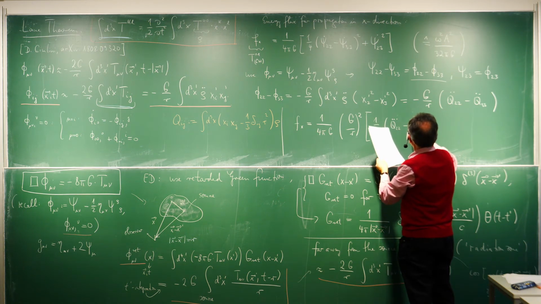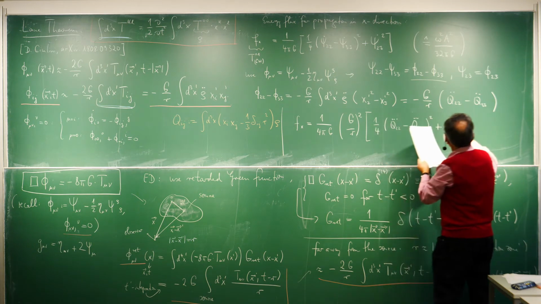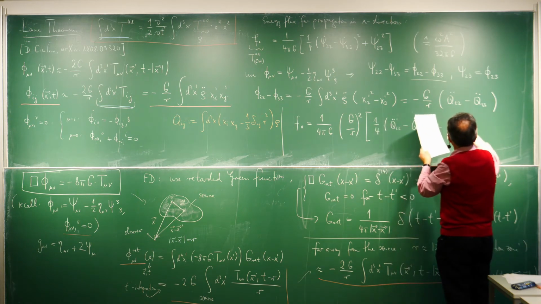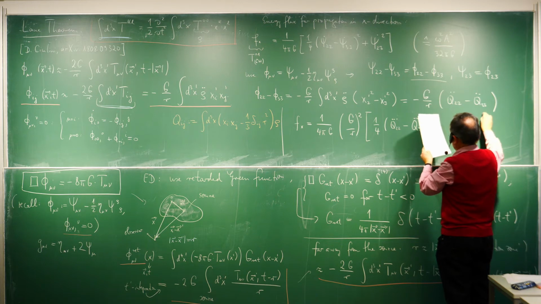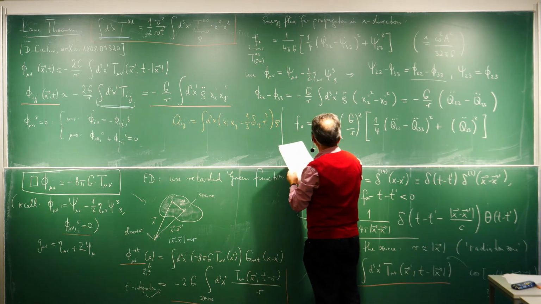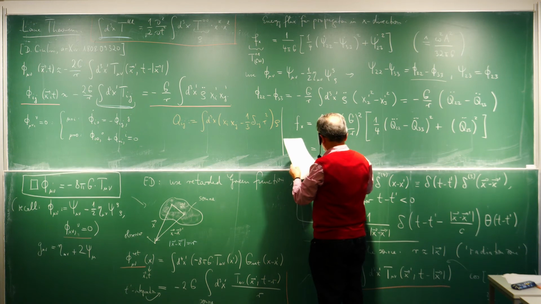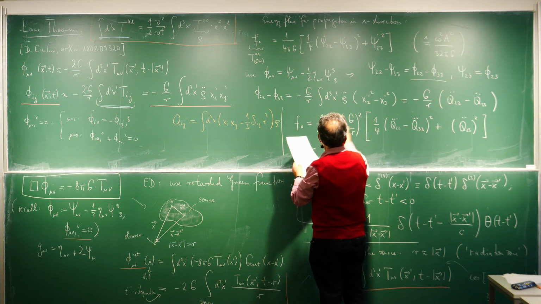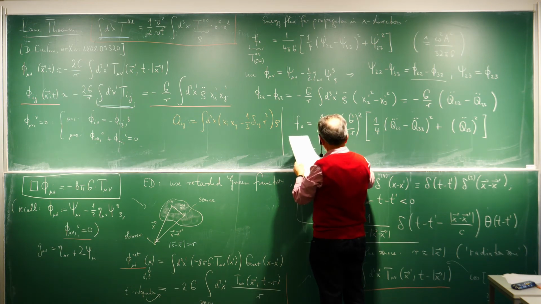Minus q33 triple dot squared plus q23 triple dot squared is g over 8 pi r squared.